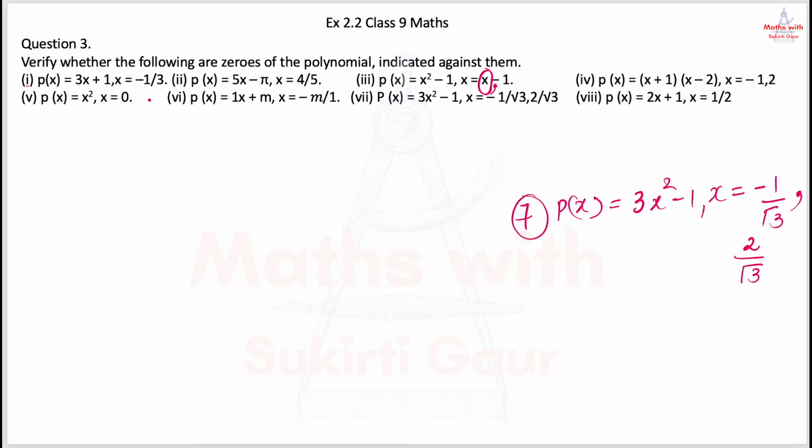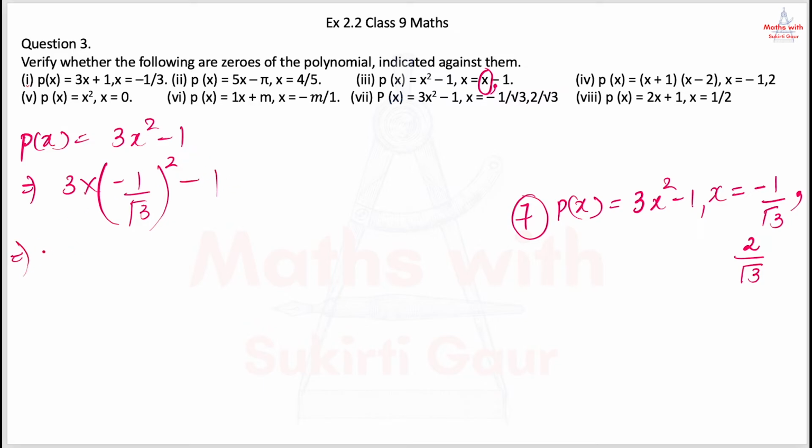Now in the 7th one, when p(x) = 3x square minus 1, we have to put x = -1/root 3 first. 3 into (-1/root 3) whole square minus 1. Solve it very carefully. Minus 1 square will be -1 into -1, plus 1.